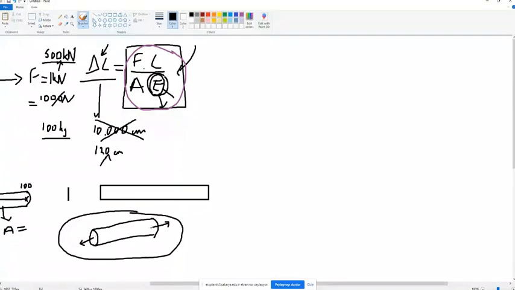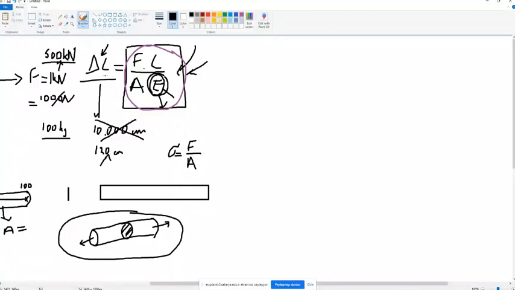But in a tensile stress, you already know that if you try to calculate the normal stress here, we need to know this equation, and then we will put those values into the equation.